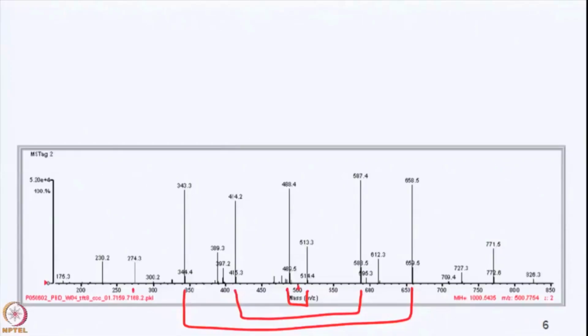I already told you that if it's a tryptic peptide, Y1 is 175, which would be consistent with there being an arginine at the C-terminus. That Y1 would be symmetric with 826, which means this should be a B ion.